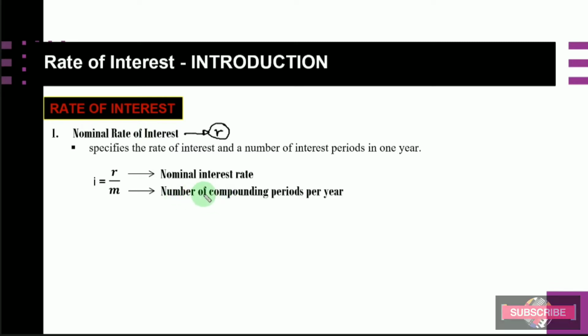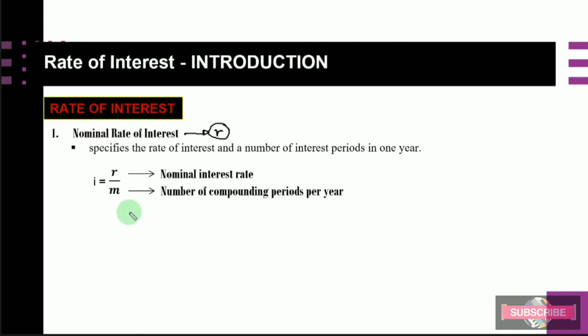If you say compounded yearly, it is only 1. When you say compounded annually, 1. Compounded semi-annually, your M is 2. Compounded quarterly, there are 4 quarters in a year, so your M for quarterly is 4. And so on and so forth.